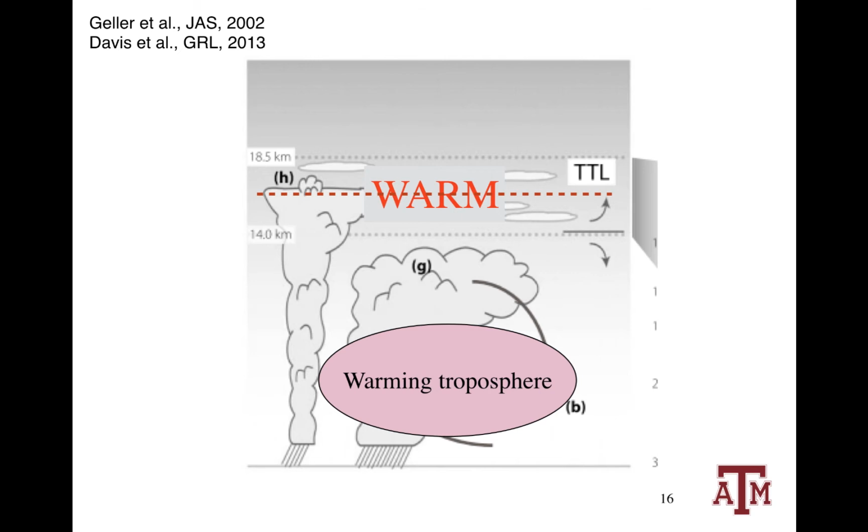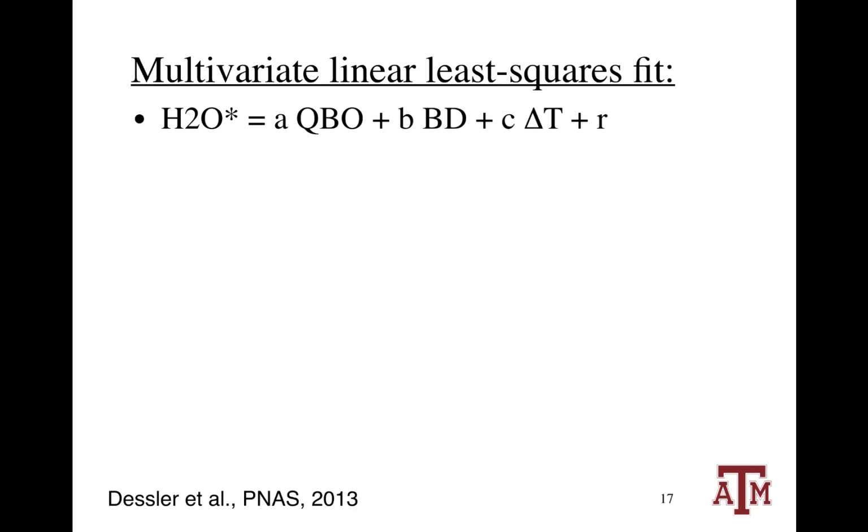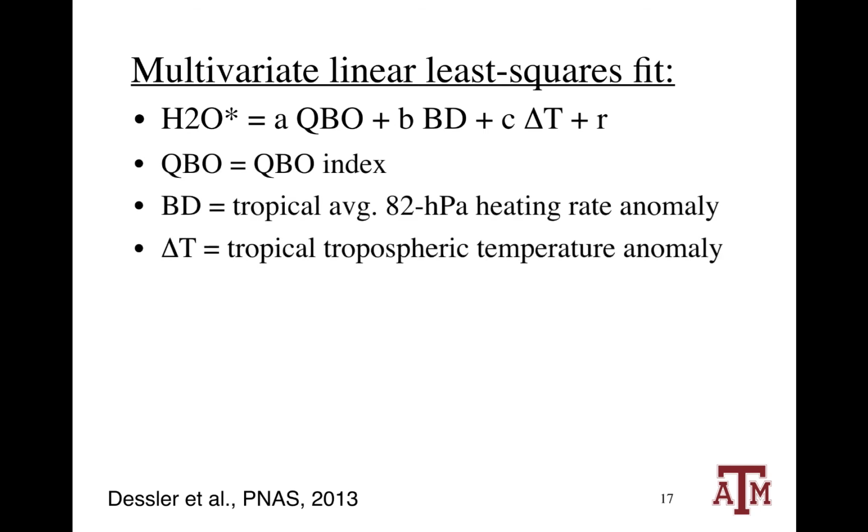And so something that I did a couple years ago is we can actually model the water vapor in the lower stratosphere as a multiple linear regression of QBO, Brewer-Dobson circulation, and tropospheric temperature. And then we just use typical regressors, and you can get an incredibly good fit.